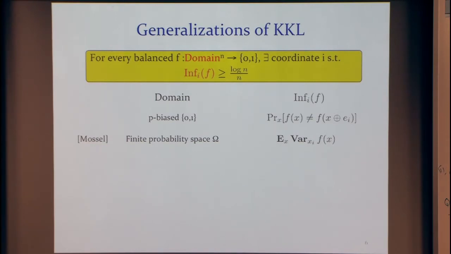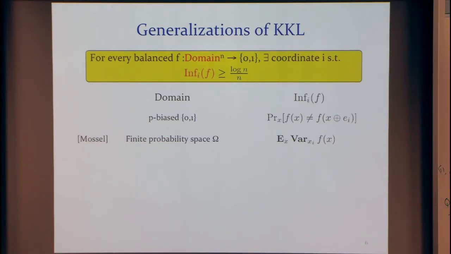So let's say values 1, 2, 3, and each coordinate is a random value amongst 1, 2, 3. But the right generalization of influence here is the variance definition. You pick a random x and you look at the variance along the ith coordinate of the function. So that's another case where this is true.